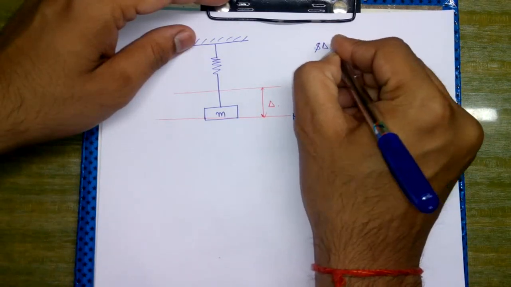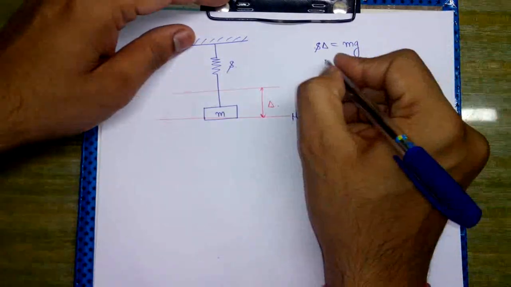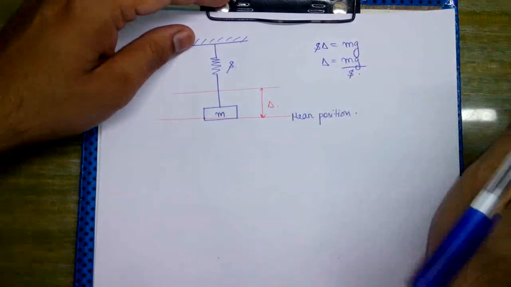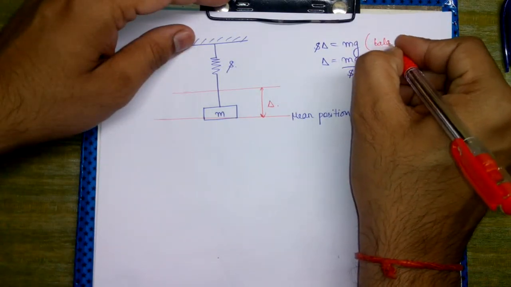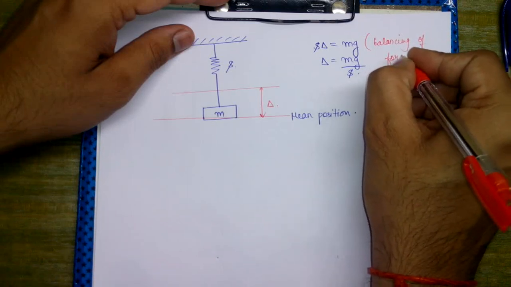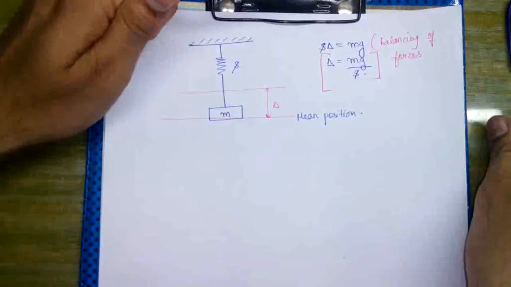Now S into delta would be equal to m into g, where S is the stiffness of this spring, such that delta is equal to mg upon S. So what we have done here is simply applying the balancing of forces.